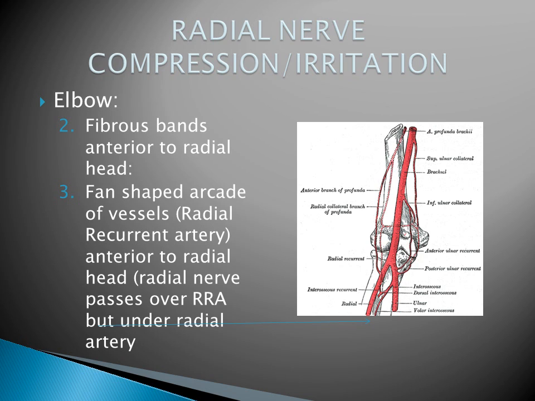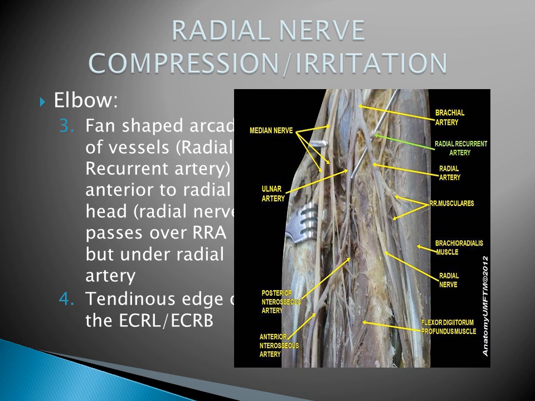So the radial nerve here is sort of threaded over the top of the radial recurrent artery, but underneath the parent vessel of the radial artery. So there's a tortuous angle that the radial nerve has to traverse, and this is also a common site of compression and or irritation.